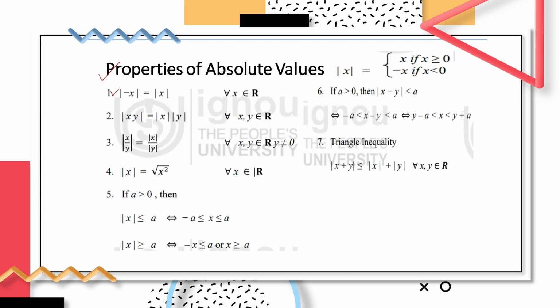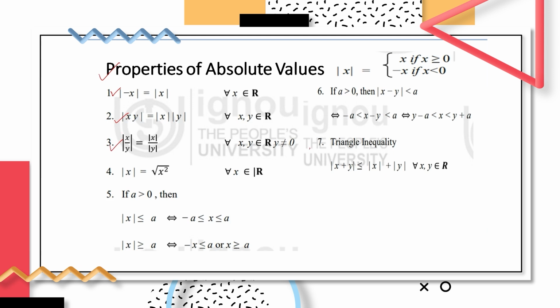The first property says that the modulus of the negative of a number is equal to the modulus of the number itself. The modulus of the product of two numbers is equal to the product of the moduli of the two numbers. Similarly, the absolute value of the division of two numbers is equal to the division of the absolute values of the respective numbers.